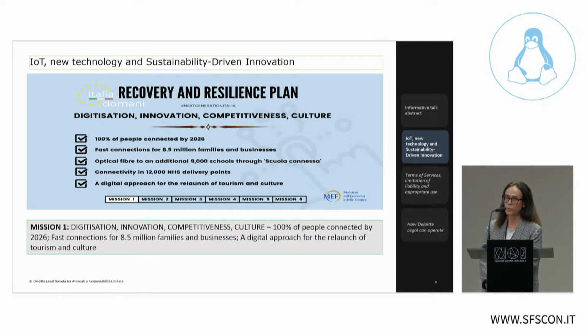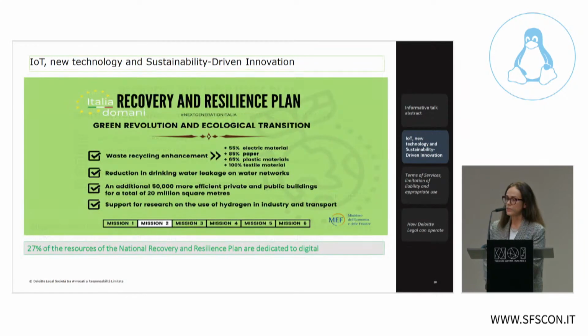Mission one is digitalization, innovation and competitiveness, and culture and hospitality in Italy. And mission two is to build up a green revolution and the ecological transition.